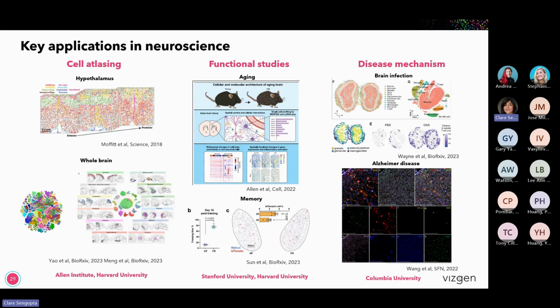So these are really interesting, high throughput publications that these researchers were able to achieve by taking sections of the mouse brain, I believe every 200 microns, running them on our platform, and then they were able to register these samples and construct an entire whole brain atlas, which is very, very impressive.